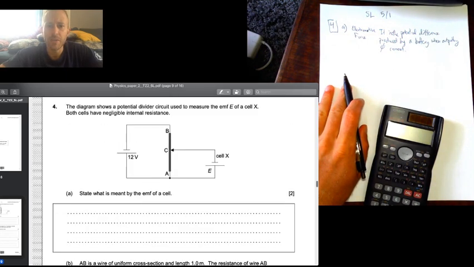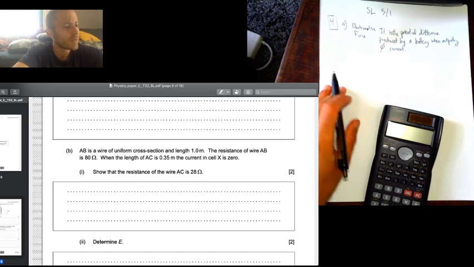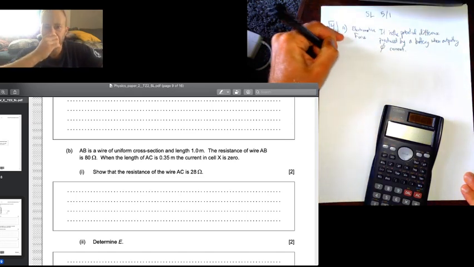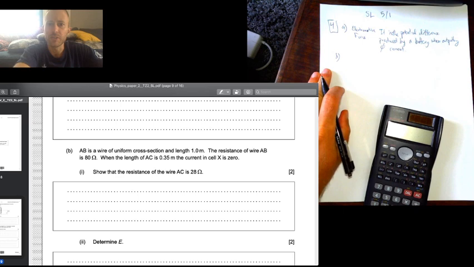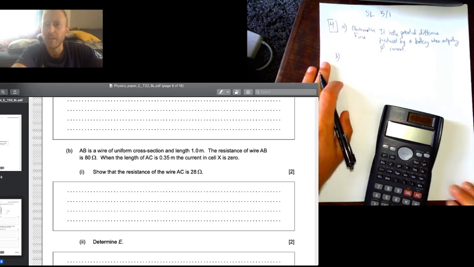It says AB is a wire of uniform cross section and length 1 meter. The resistance of wire AB is 80 ohms.